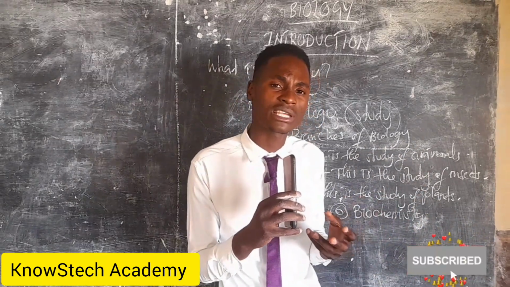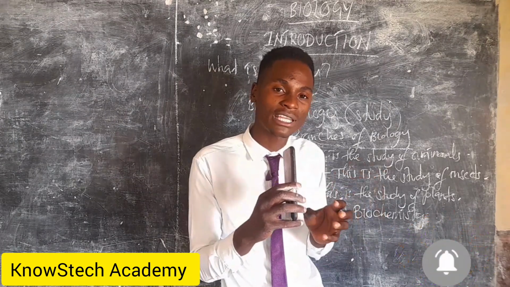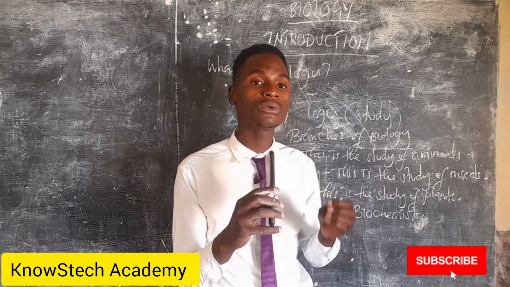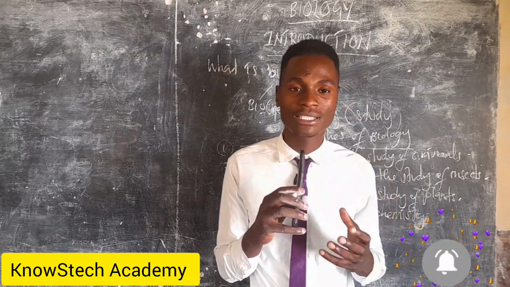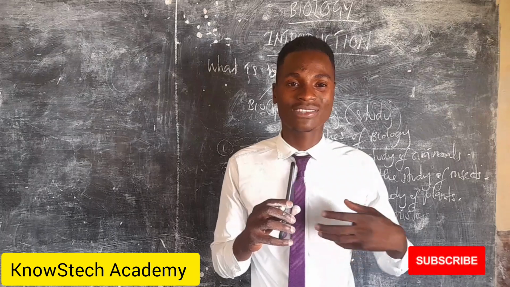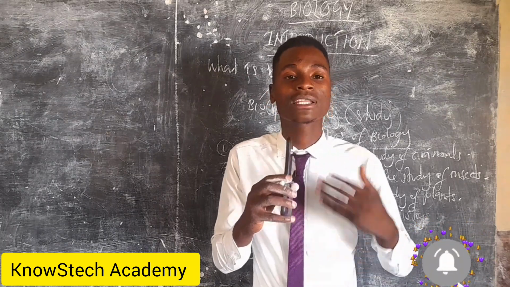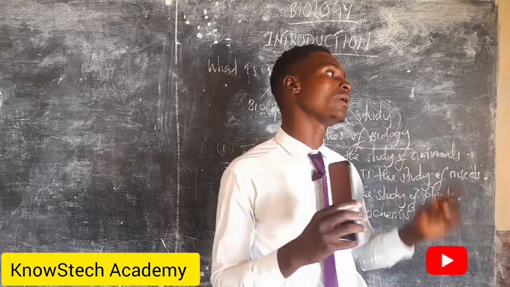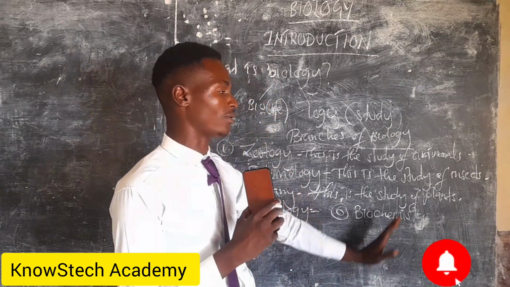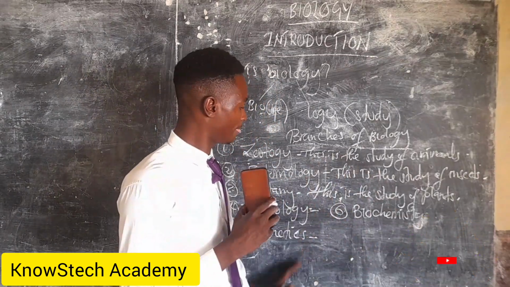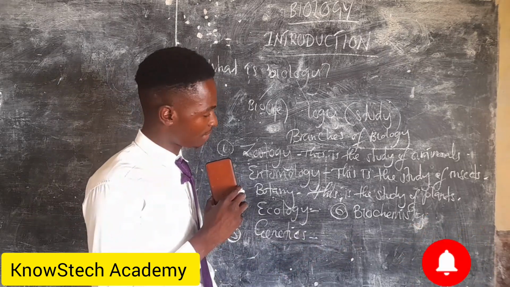Those processes are what we call biochemistry. There's chemistry taking place there. When you take medicine, the reactions that take place inside the body are what we call biochemistry. We'll dig deeper into these branches of biology. For now, let's just end on biochemistry.